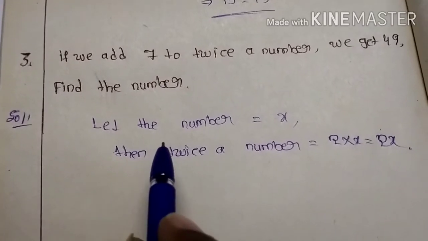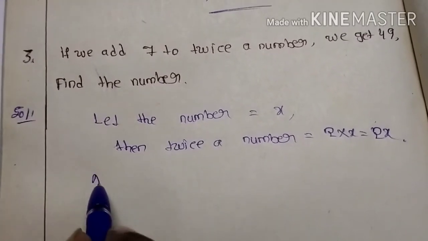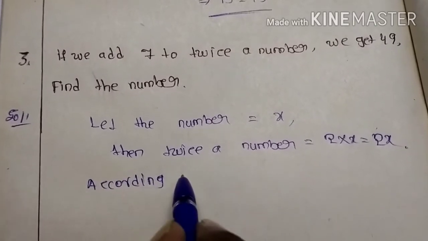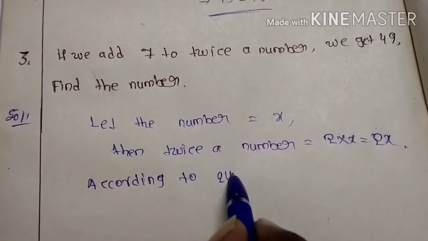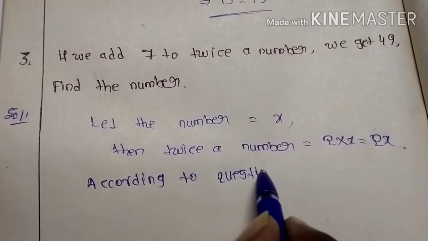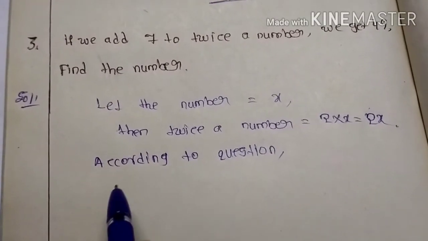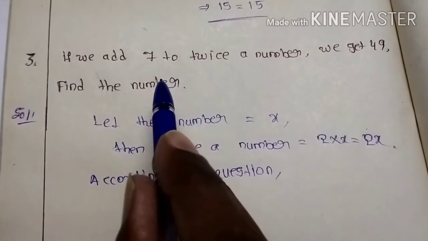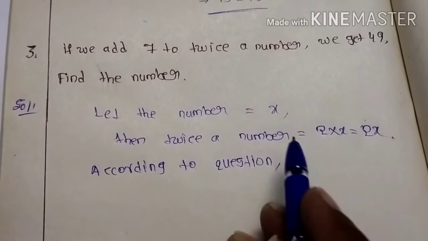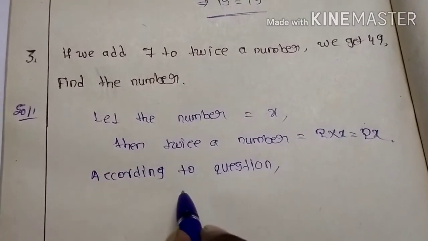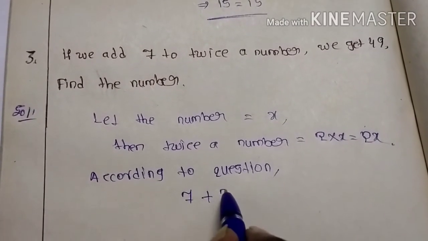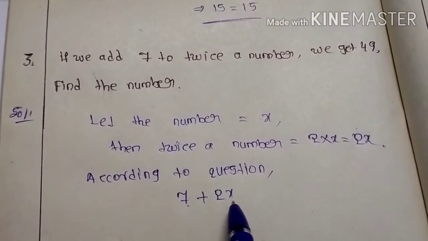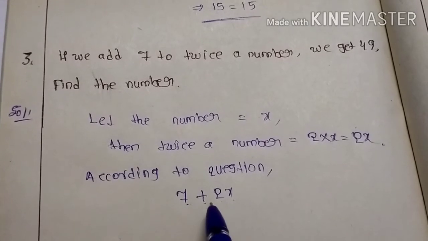See here, according to our question, we add 7 to twice a number. That means here 7 plus 2x. 7 plus 2x, yes or no? See here, if you are adding twice a number 2x, 7 plus 2x.